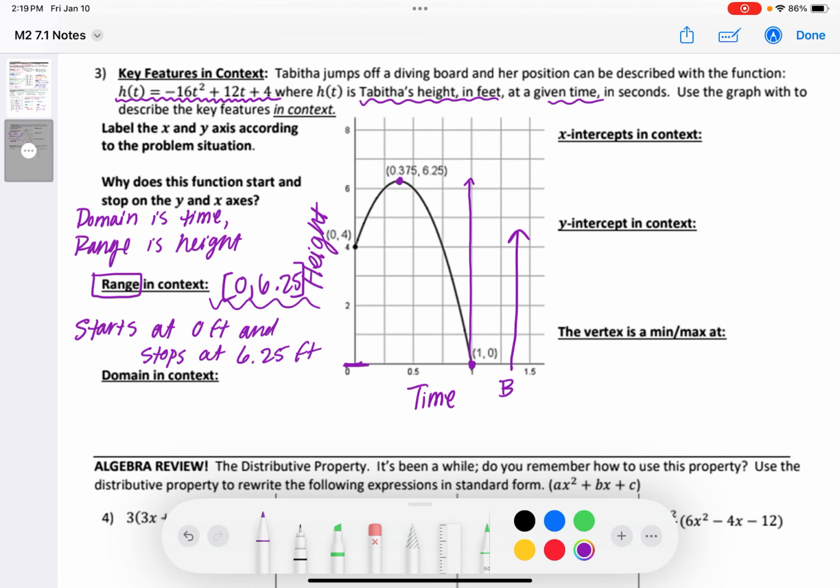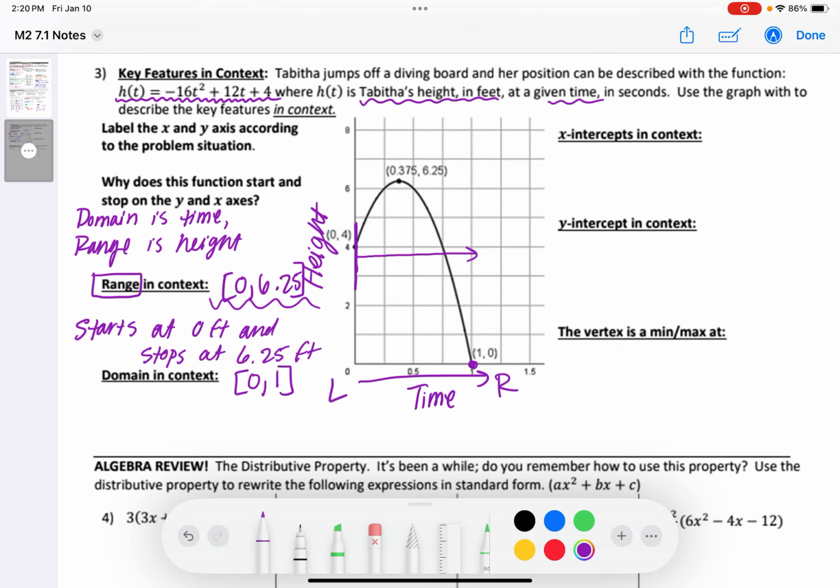And then domain. We're looking from the left to the right. From the left, where do I start? I also start at 0, so I'm going to put a bracket there. Continuing on to the right, where does it stop on the x-axis? Right here, which is 1.